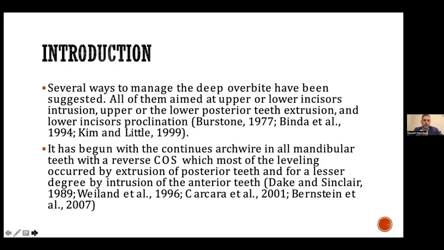It begins with a continuous arch wire in all mandibular teeth with a reverse curve of Spee, where most of the leveling occurred by extrusion of posterior teeth and to a lesser degree by intrusion of the anterior teeth. Technically, 60% was by extrusion of posterior teeth, associated with intrusion and proclination of the anterior teeth, according to different authors over several years.